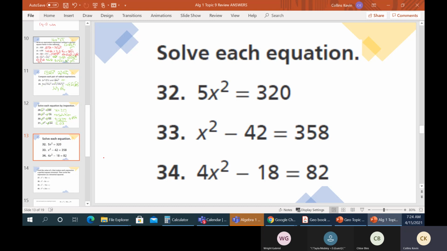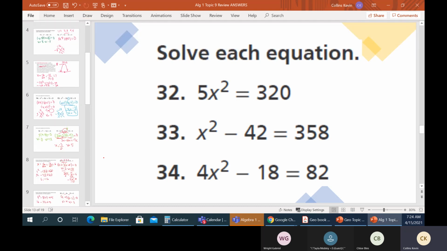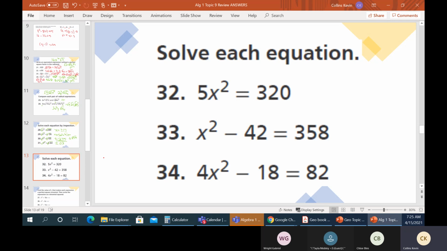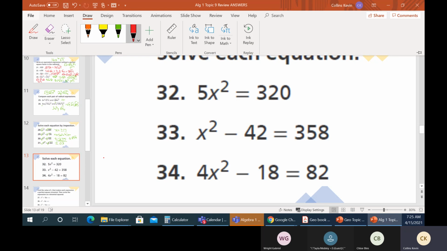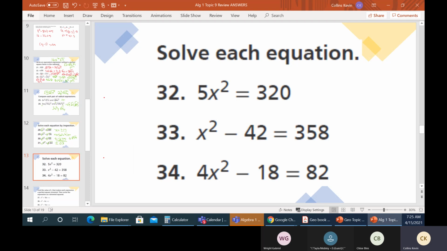Okay, so let's do this then. So again, what we do is we'll divide by 5. Is that better?